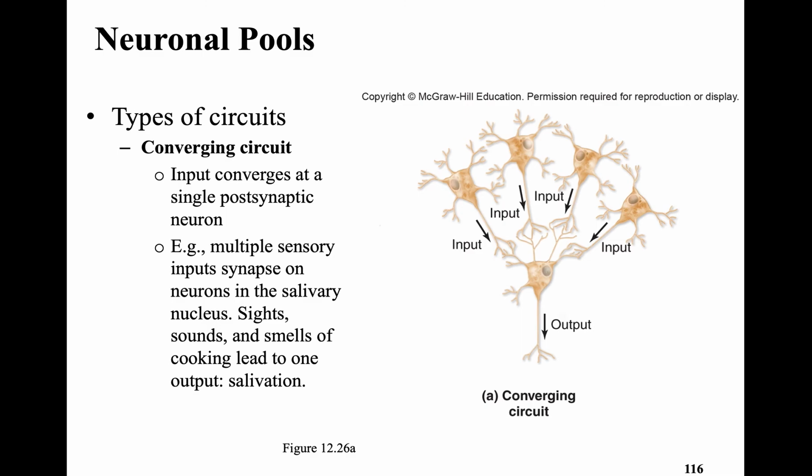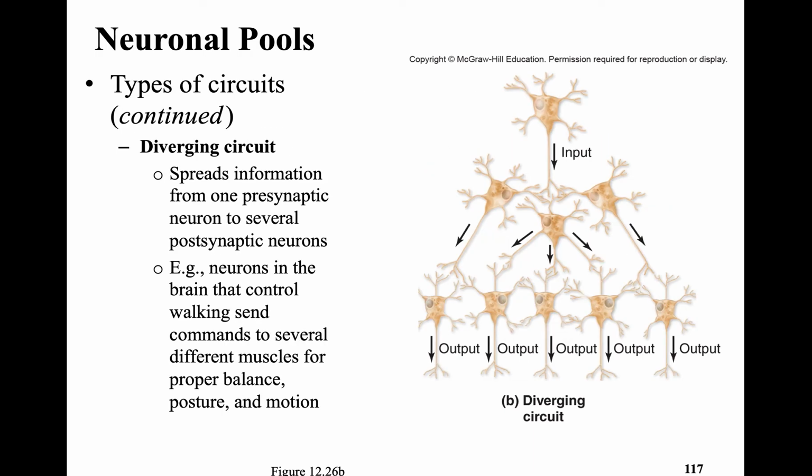The first one's called converging. Notice I have many, many inputs, but only one output. That's converging. That's all I care for.